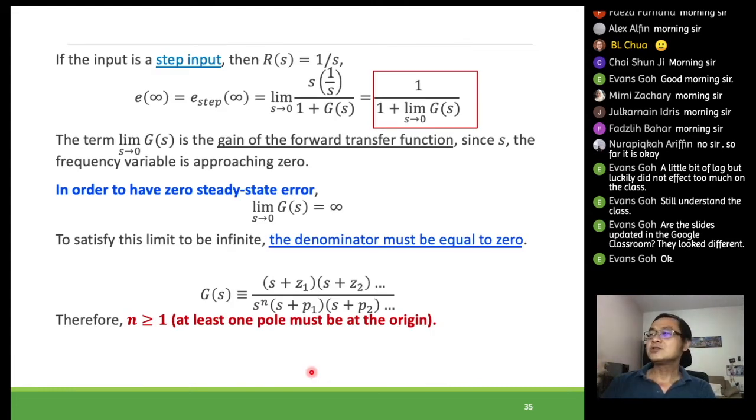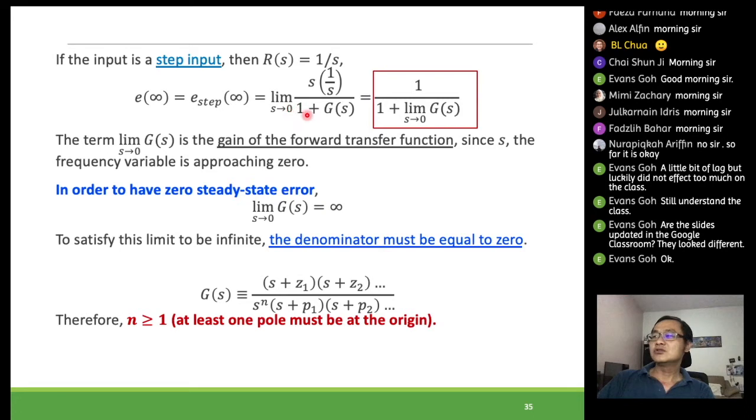Now if we put a step input into our closed loop system, we get this form, because we put 1 over s at the R(s) position, so when we cancel out, this becomes 1. When this becomes 1, we can also distribute the limit into each of these.